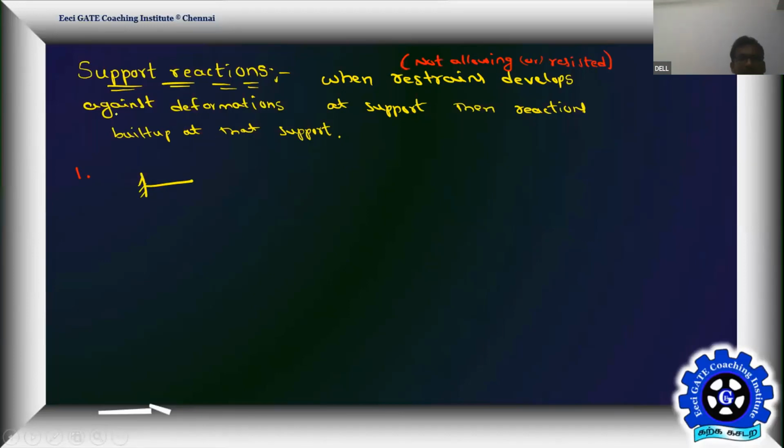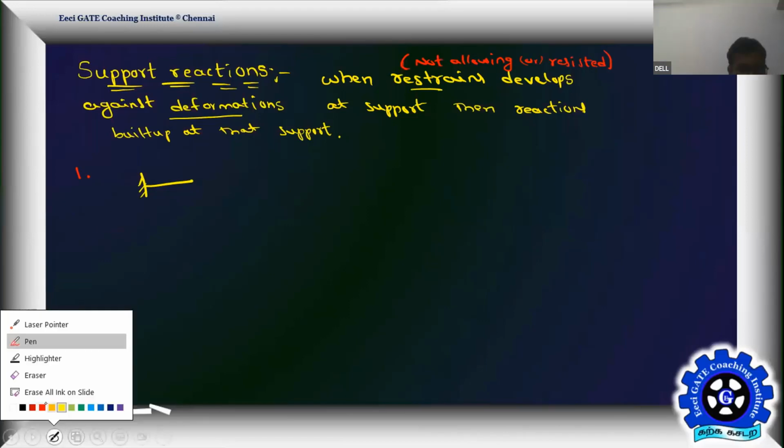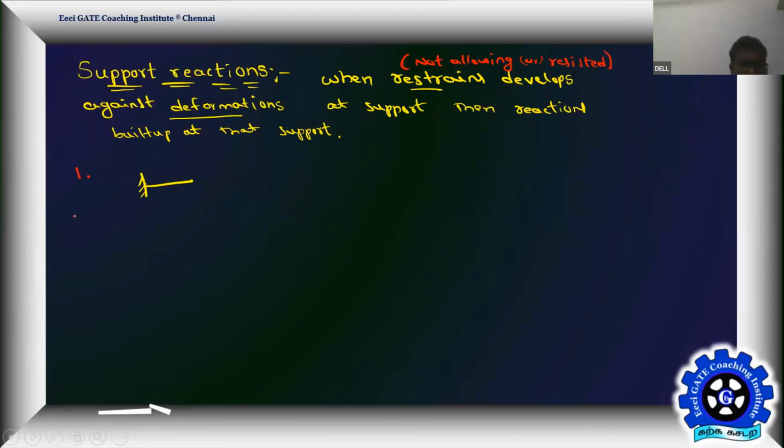Now fixed support, it develops restraints in what direction? This is what we call fixed support.